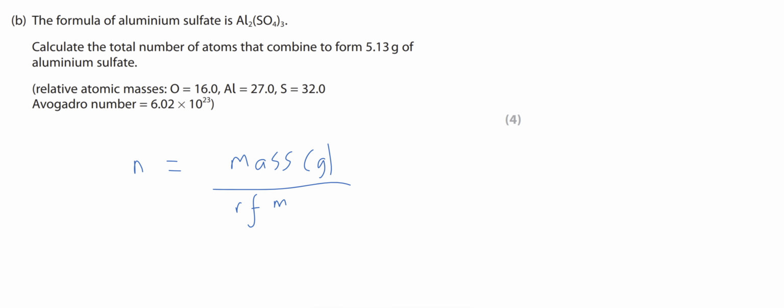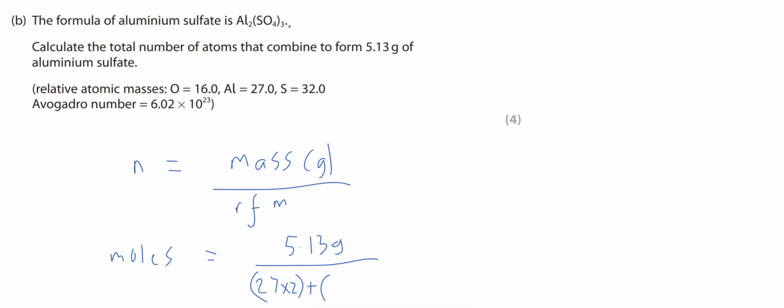So in this case, number of moles of aluminium sulfate equals 5.13 grams over the RFM of aluminium sulfate, and that is Al2, so it's 27 times 2 atoms of aluminium, plus (SO4)3.